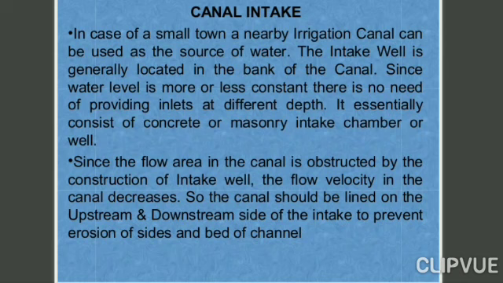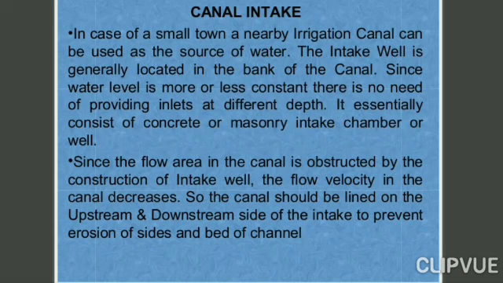It essentially consists of a concrete or masonry intake chamber or well. Since the flow area in the canal is obstructed by the construction of the intake well, the flow velocity in the canal decreases, so the canal should be lined on the upstream and downstream side of the intake to prevent erosion of sides and bed of the channel.